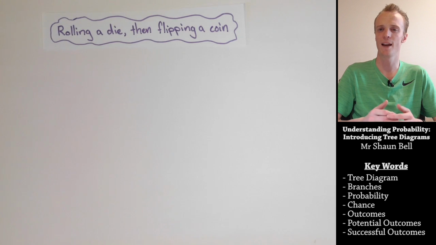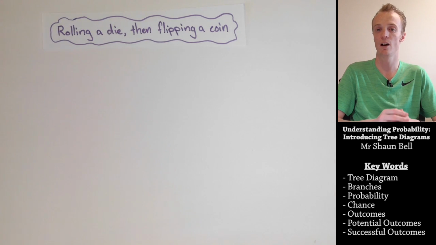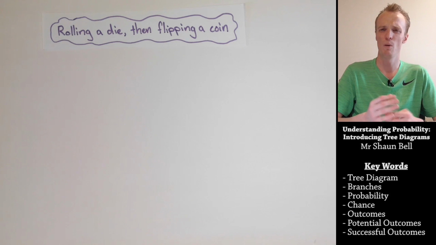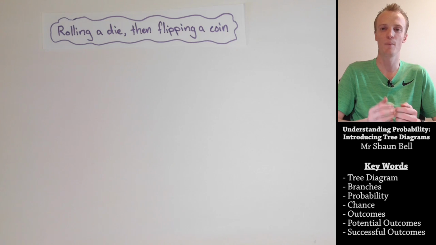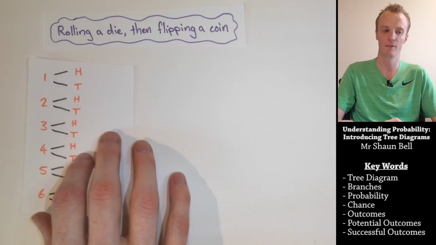So what if I began by rolling a normal 6-sided die and then flipped a normal 2-sided coin? What would be the probability of me rolling an even number followed by flipping a head on the coin? Well, to do that, we begin by drawing a tree diagram.